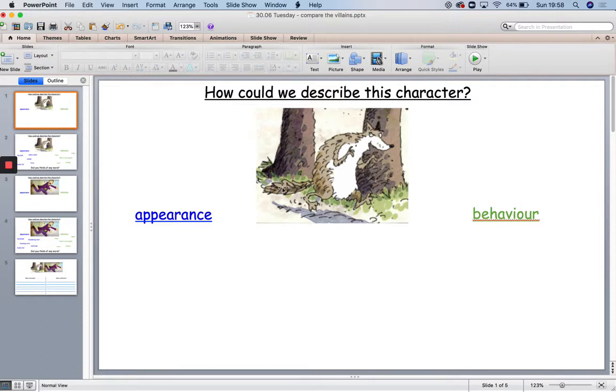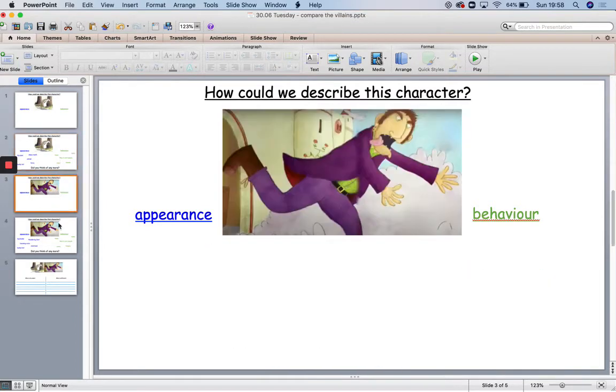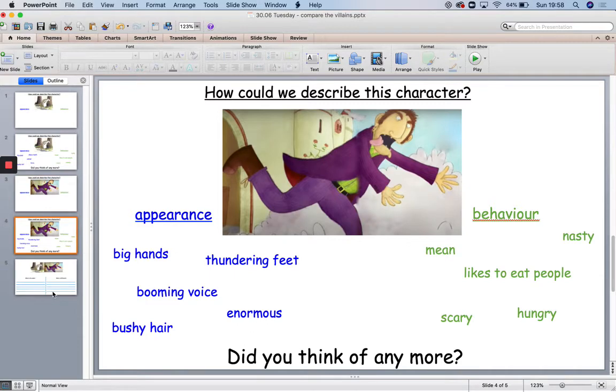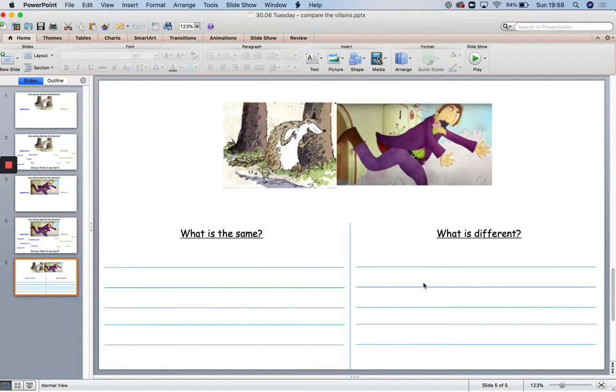Tuesday's lesson, we're thinking about describing the villains of the two stories and comparing them, so thinking about some of the things that are the same and some of the things that are different. So as you can see, a couple of slides just thinking about descriptive words you might use, adjectives you might use, and then having a go at comparing what is the same about these two villains and what is different.